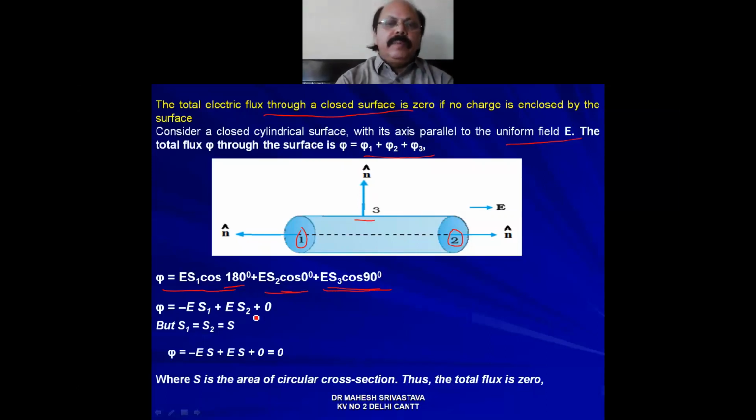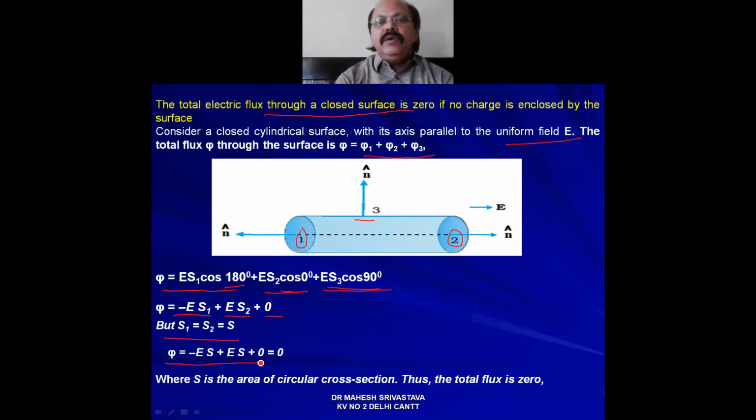So the equation becomes phi is equal to minus Es1 plus Es2 plus 0. Now the flat surfaces of the cylinder have the same area, S1 equal to S2 equal to S. Then finally phi is equal to minus Es plus Es, which is 0.